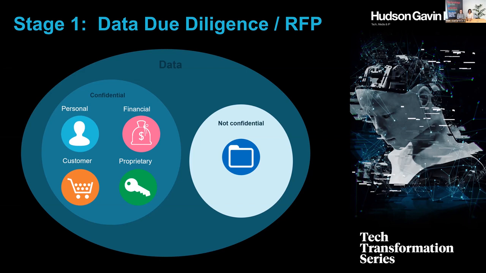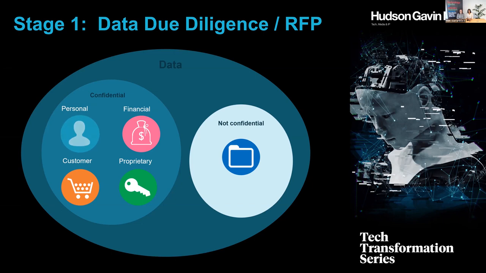Now, our comments across the webinar are going to apply to all confidential information that will be involved in a tech transformation project, but we will call out particular considerations that apply to personal information as we go through. Yeah, so in New Zealand, the key legal obligations that attach to personal data are contained in the Privacy Act.